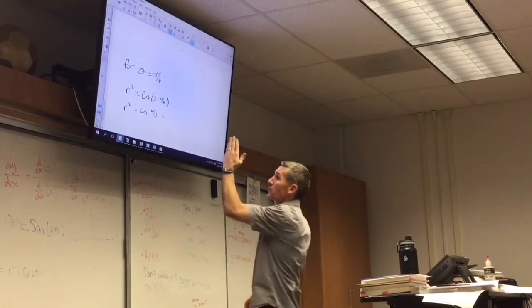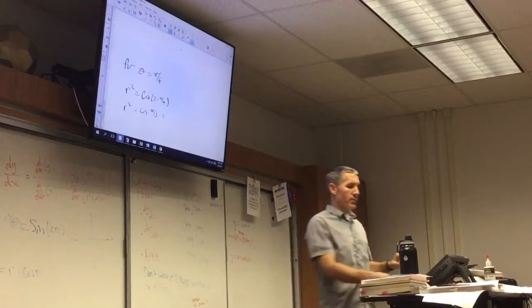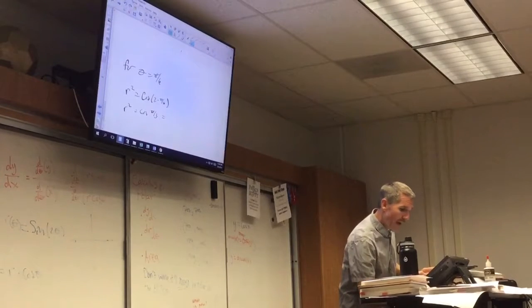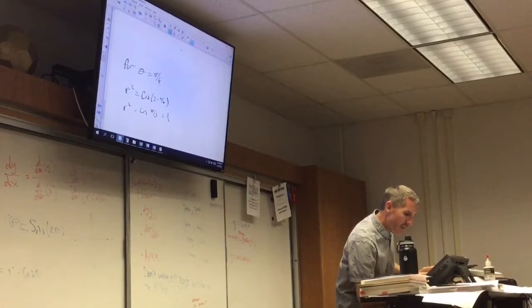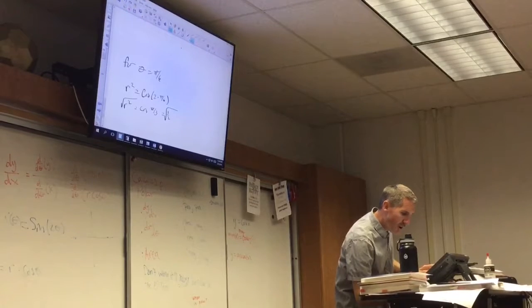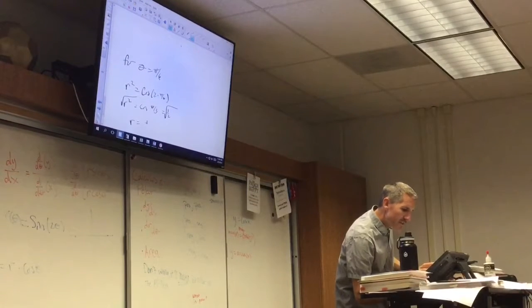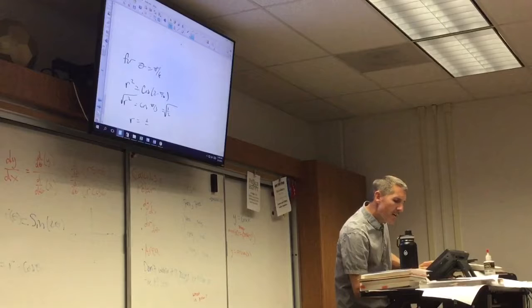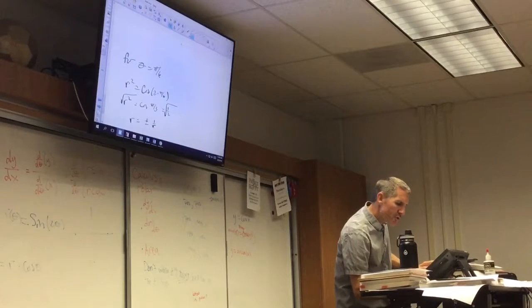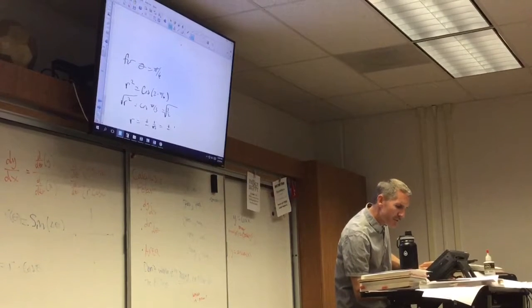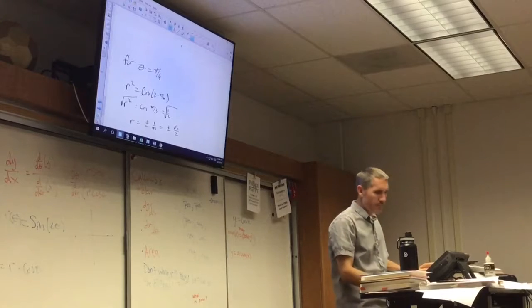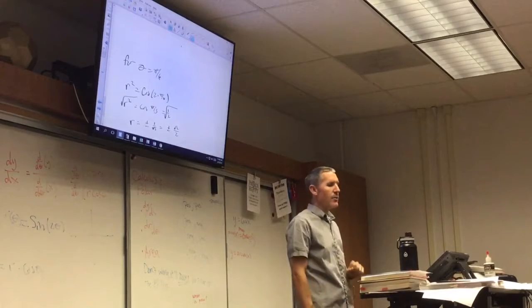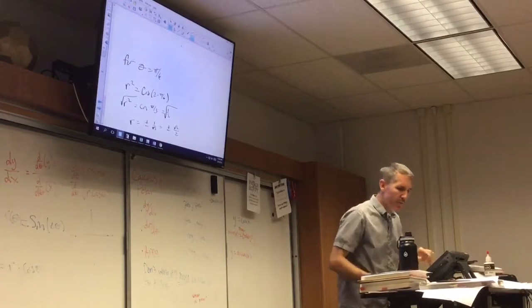At pi over 3, 1/2. So then when you take the square root of both sides, you get r equals plus or minus 1 over root 2, which is equal to plus or minus root 2 over 2. So that's your r value at theta equals pi over 6.